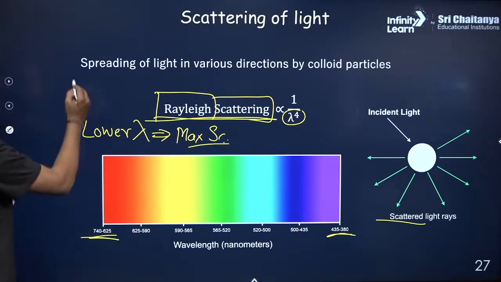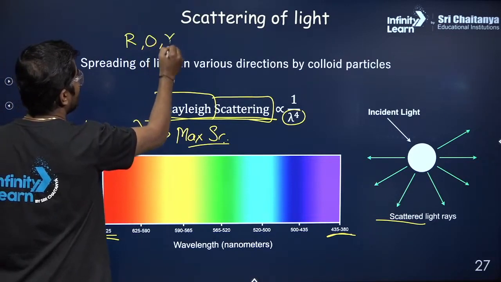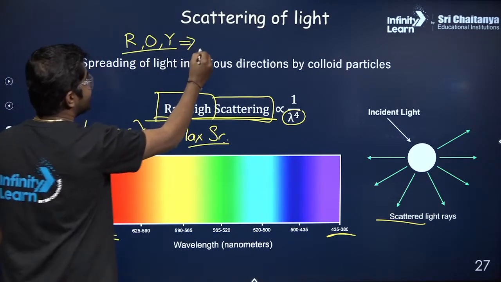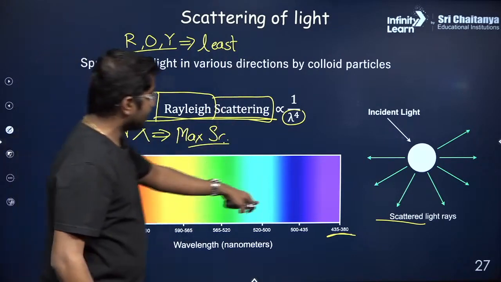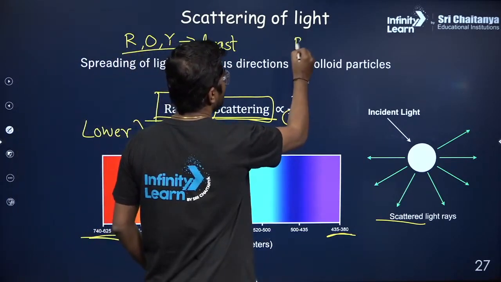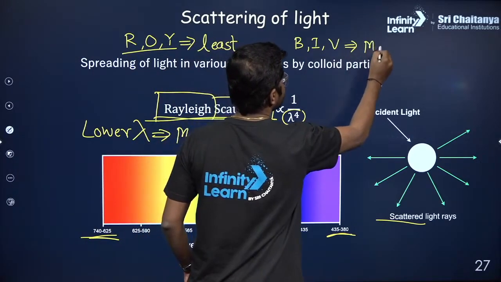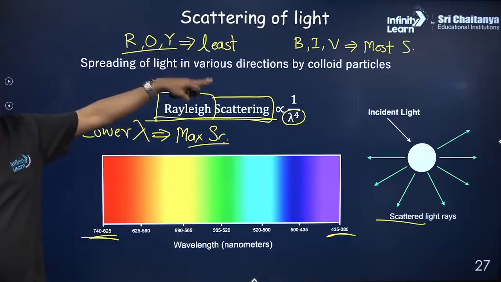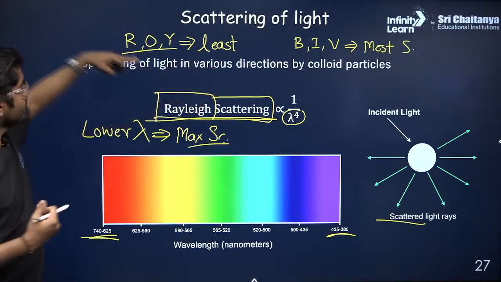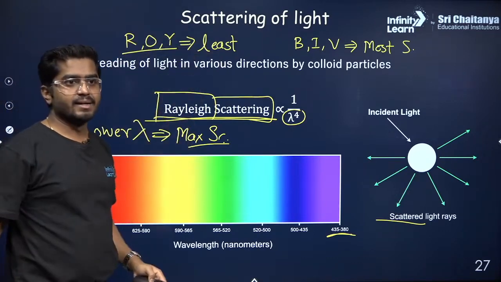Usually these three, I'll write down here, red, orange, yellow, are least scattered. And the rest three, blue, indigo, violet, are most scattered. Blue, indigo, violet will be scattered the most. Red, orange, yellow are least scattered.